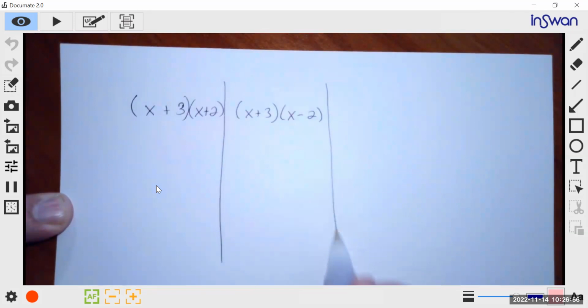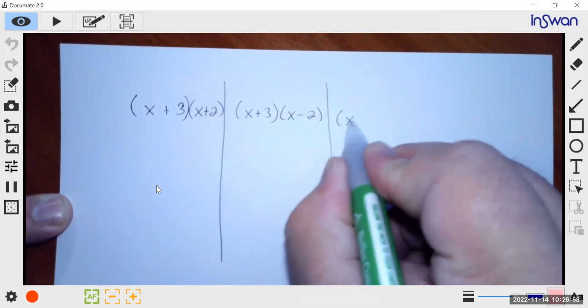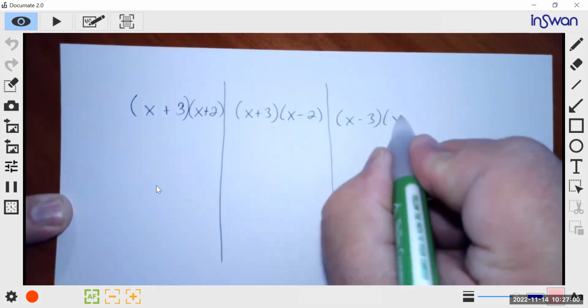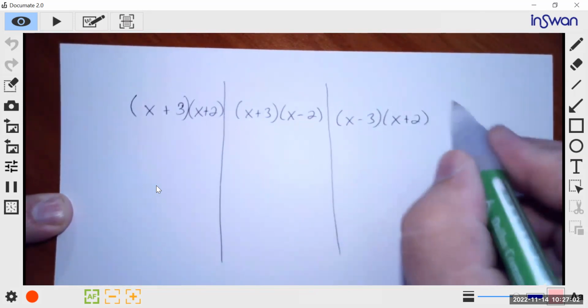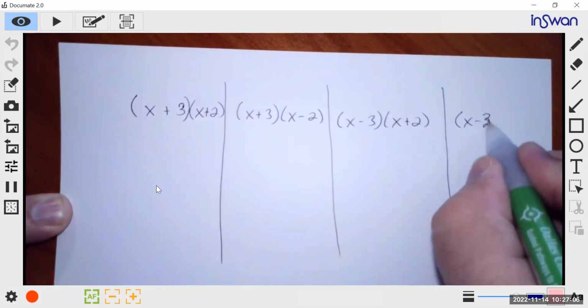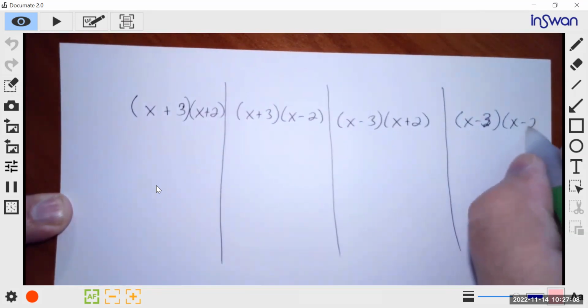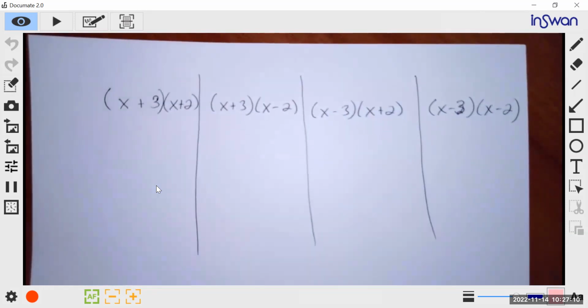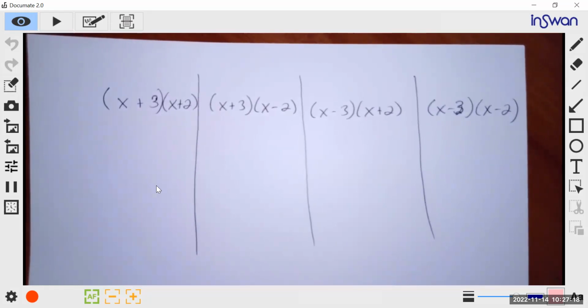So hopefully everybody knows how to multiply two binomials together. We've done the FOIL technique, haven't we? In multiplying two binomials, the last chapter.